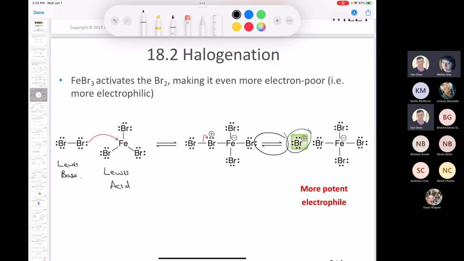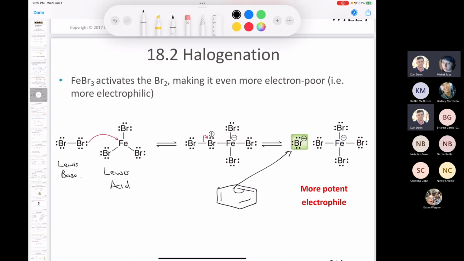So we have bromine surrounded by 6 valence electrons, and so you have a bromine cation. Wow, now that's a very potent electrophile. That thing is ready to react. And if an aromatic ring sees that thing, it's going to be like, hello. It's going to react like nobody's business. So you have to put some kind of very powerful electrophile into the presence of the aromatic ring.